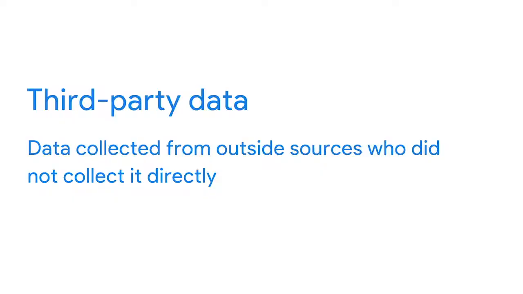The same can't always be said about third-party data, or data collected from outside sources who did not collect it directly. This data might have come from a number of different sources before you investigated it, so it might not be as reliable. But that doesn't mean it can't be useful. You'll just want to make sure you check it for accuracy, bias, and credibility. Actually, no matter what kind of data you use, it needs to be inspected for accuracy and trustworthiness.